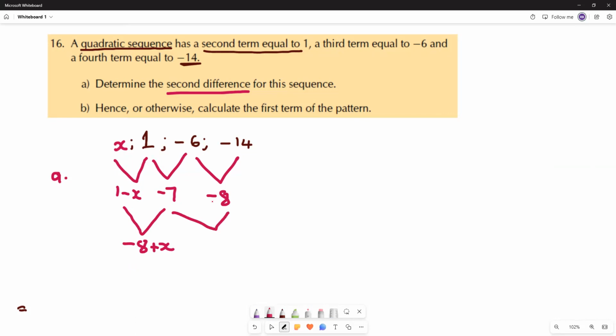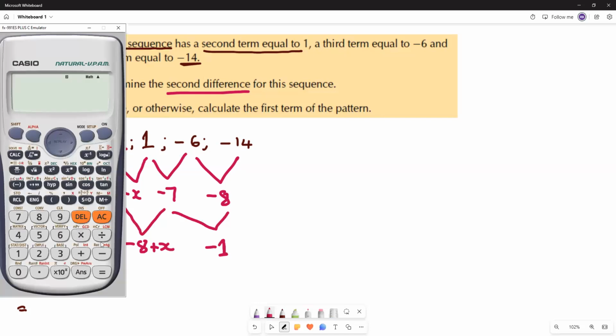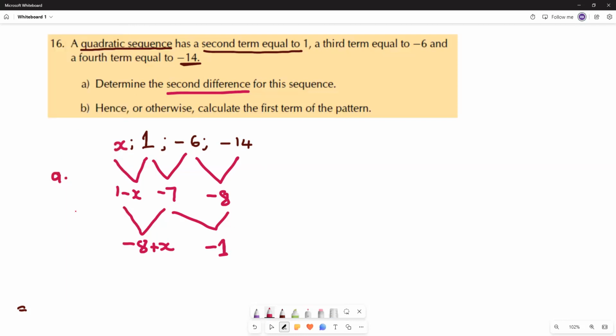Then -8 minus -7 gives us -1. Let's confirm, there's nothing wrong with confirming, ladies and gents. Since they told you this is a quadratic number pattern, you already know the second difference is equal to -1. Perfect. That is A, because the value of the second difference is there.